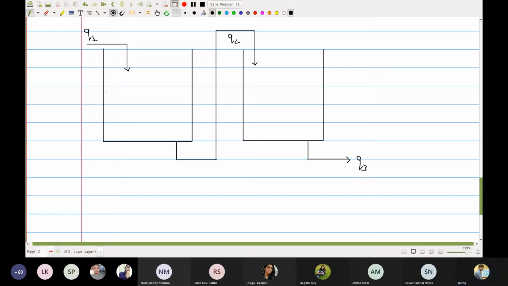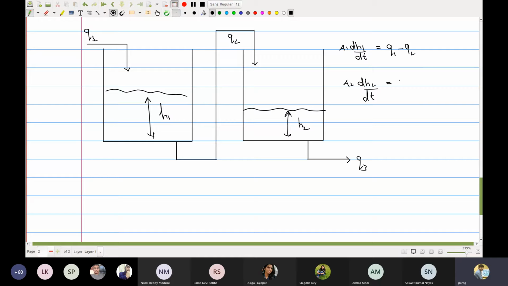So the liquid level is H1, and the liquid level in the second tank is H2. So I can quickly write the balance equations as A1 dH1 by dt equals Q1 minus Q2, and A2 dH2 by dt equals Q2 minus Q3, right?